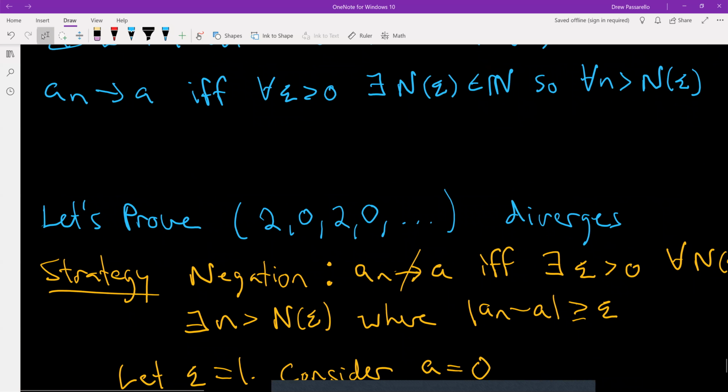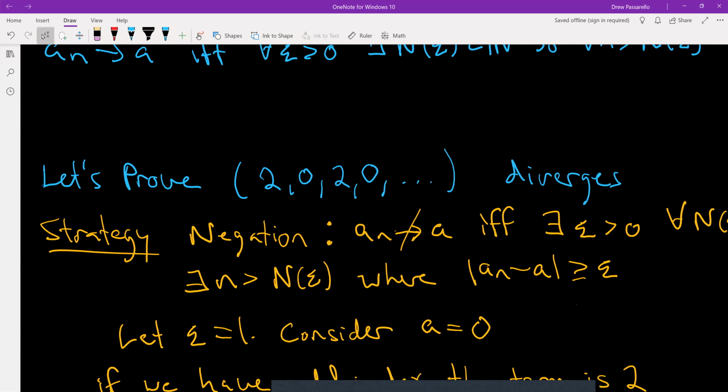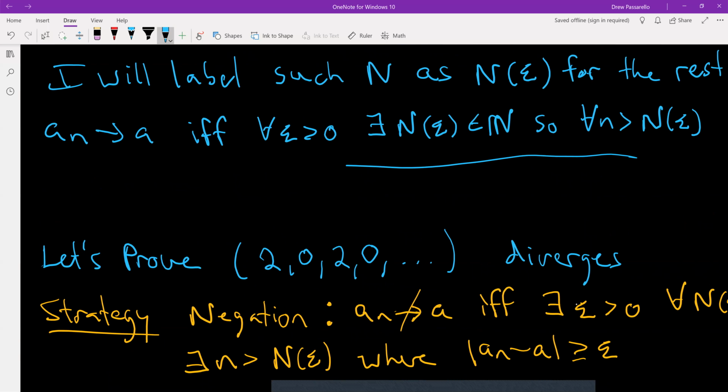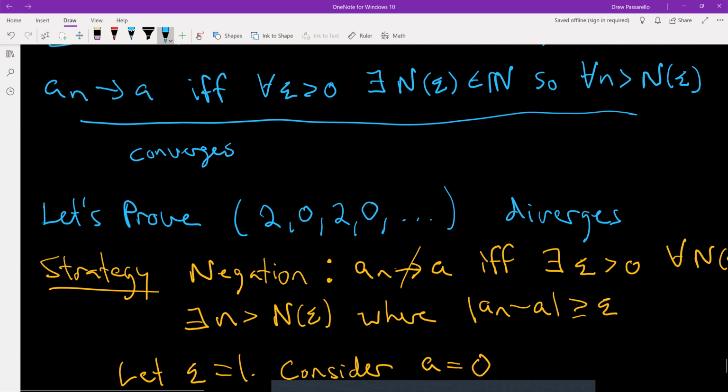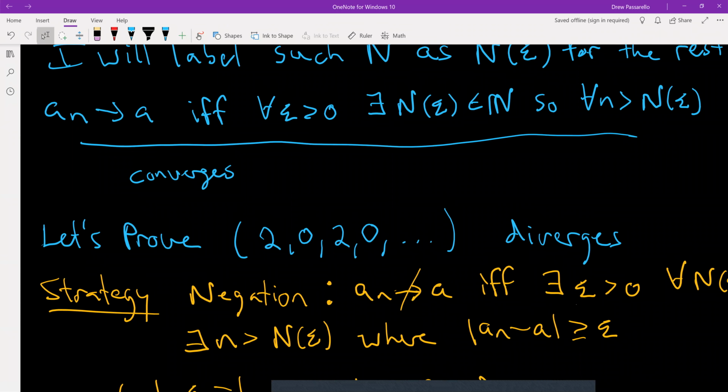Now this example where it alternates 2, 0, 2, 0, we're going to try to show that it diverges. Well, we know what it means to converge. This is the definition for converges. So for diverges, we take the negation of that statement. a_n does not converge to A if and only if, you switch the quantifiers: the for all epsilon becomes there exists an epsilon.